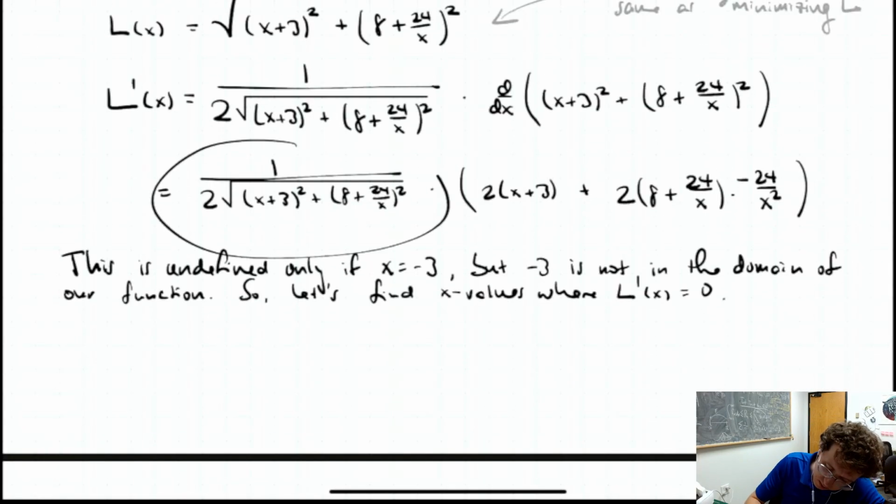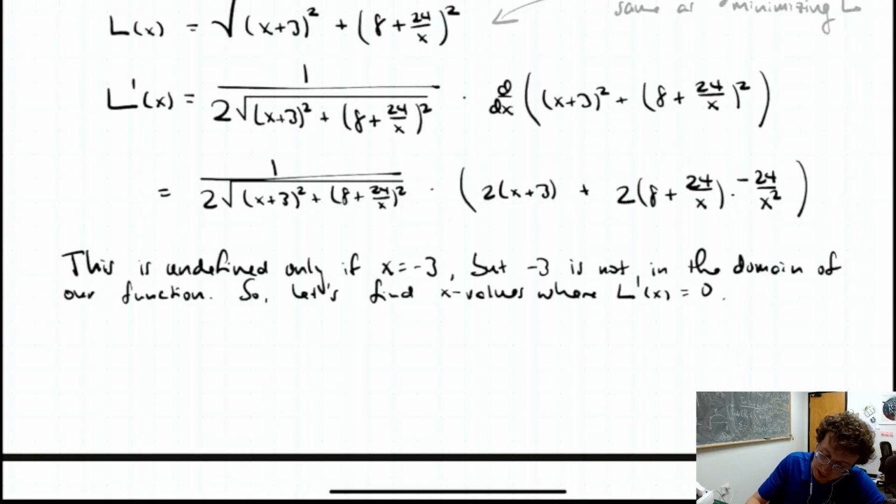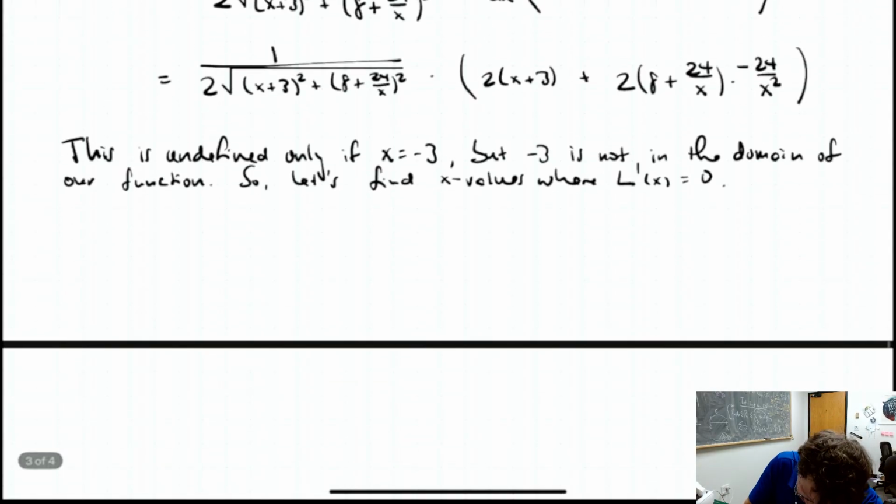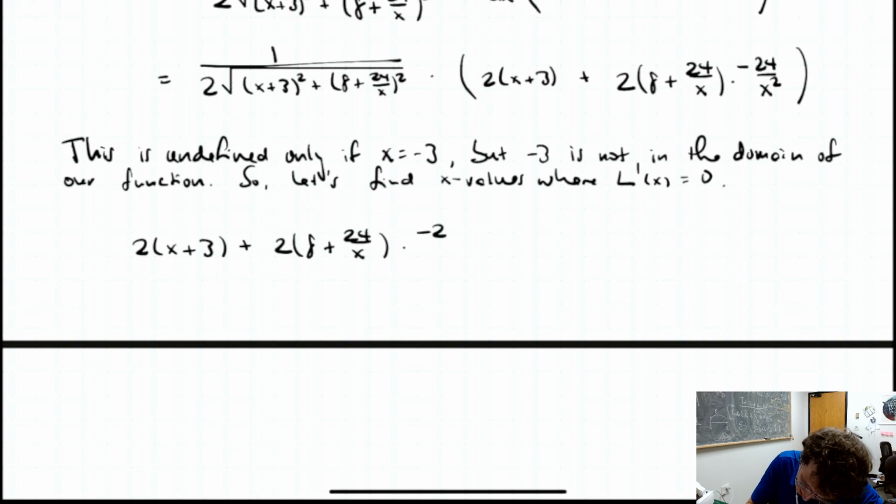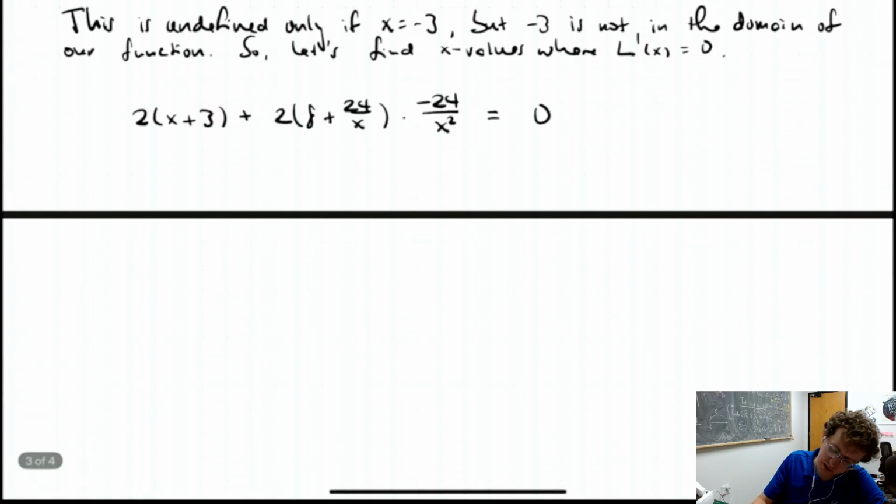We just said 1 divided by something can never be 0. So the only way the entire derivative is 0 is if this piece is 0. So we're going to need 2x plus 3 plus 2 times 8 plus 24 over x times minus 24 over x squared to be equal to 0.